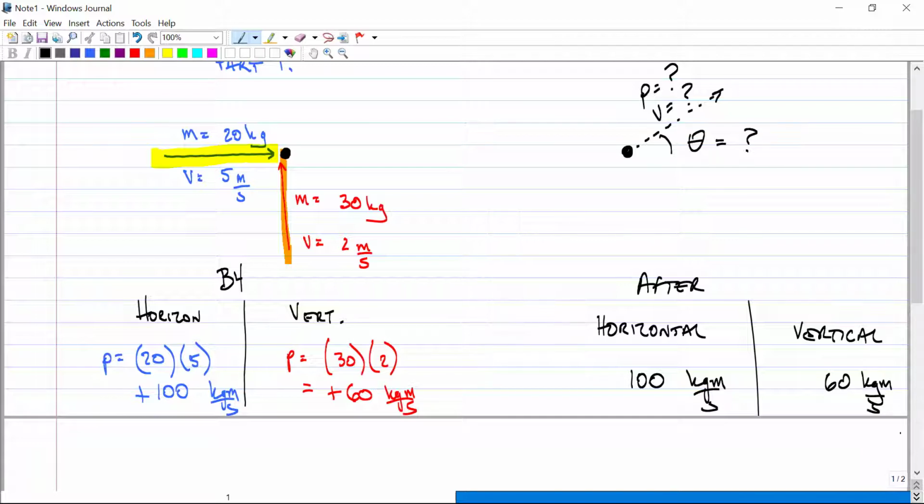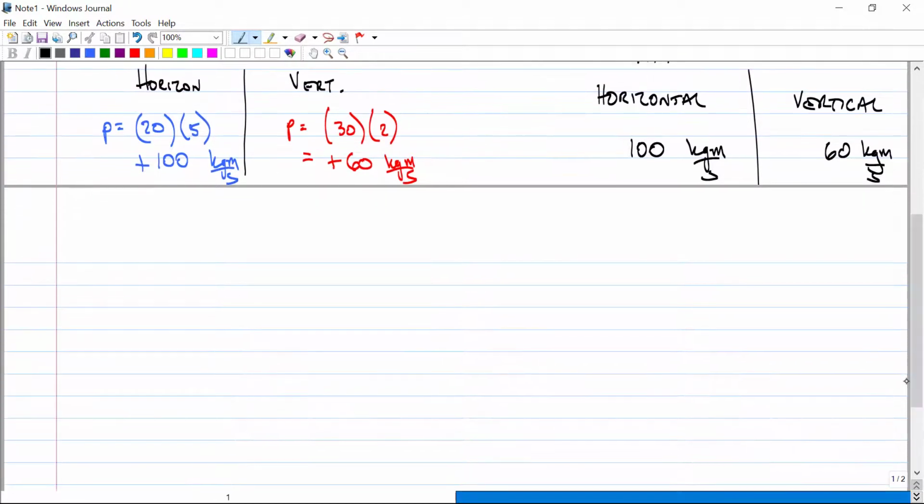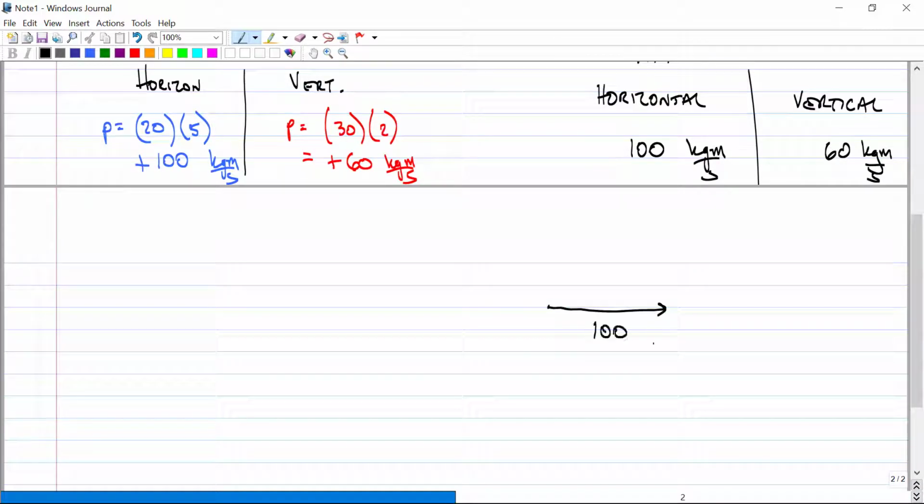So if we look at this afterwards, what that means is you have it going 100 kilogram meters per second to the east. You have it going 60 kilogram meters per second to the north. And the combination of that is going to give you what I like to call a triangle.